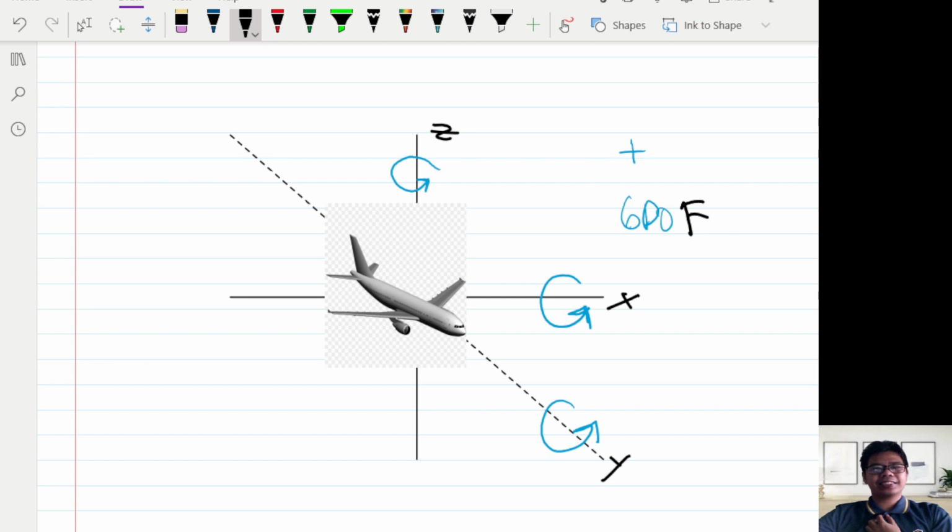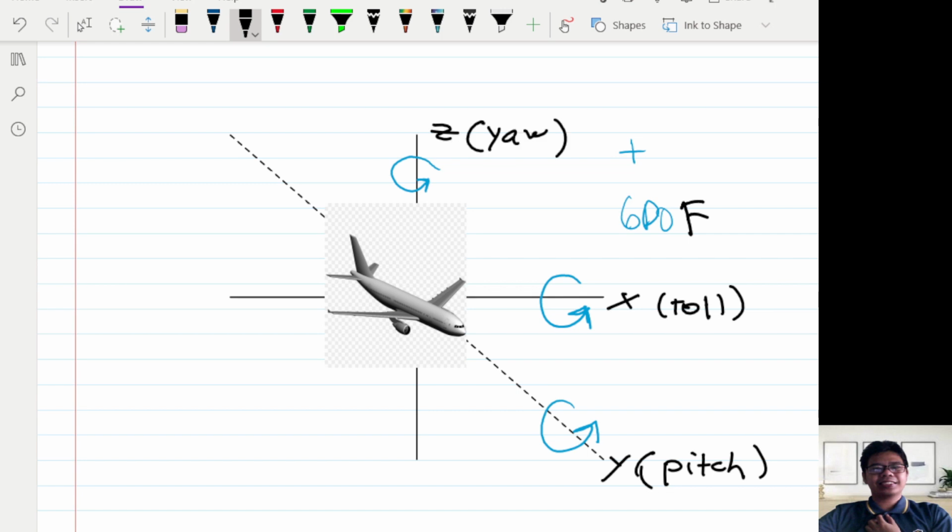Our plane can also rotate along x, which is also called roll. It can also rotate along the axis of y, which is called pitch. And it can also rotate along the axis of z, which is called yaw.